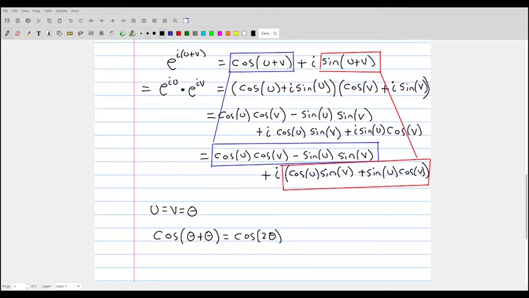And from this identity, because u is equal to v is equal to theta, this is the same thing as cosine of theta multiplied by itself, or cosine squared of theta, minus sine squared of theta. So this is one of the double angle identities.